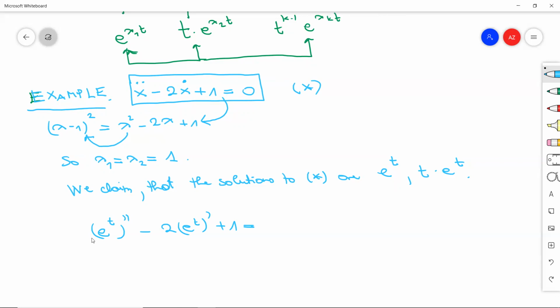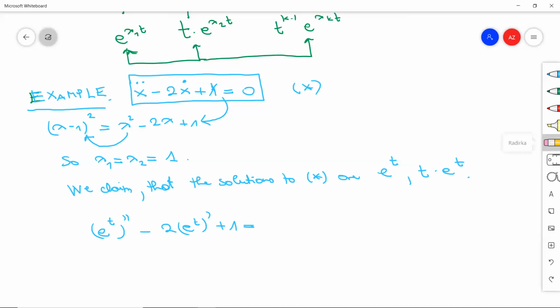Of course, here it should be x. Sorry. So here, the initial differential equation is x double prime minus 2x prime plus x. If it was 1, then it wouldn't be homogeneous. So it should be x here. But the characteristic polynomial is the same, lambda squared minus 2 lambda plus 1.